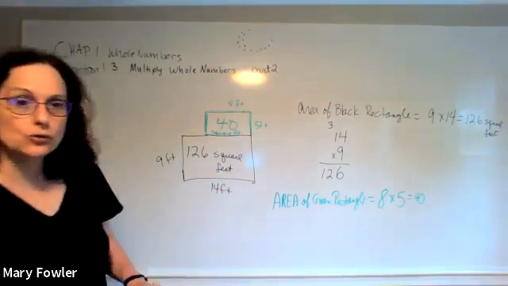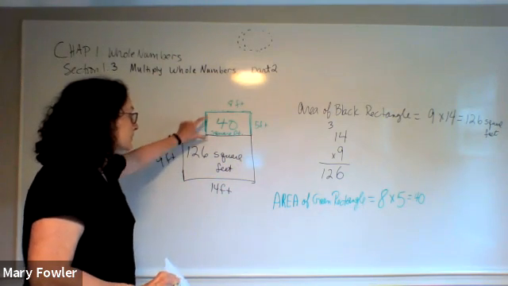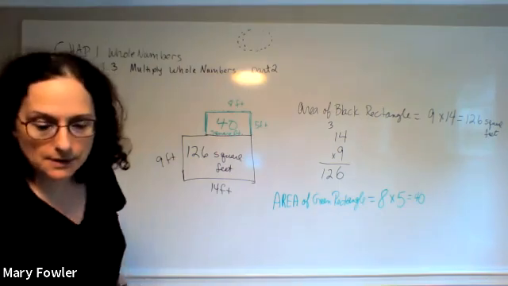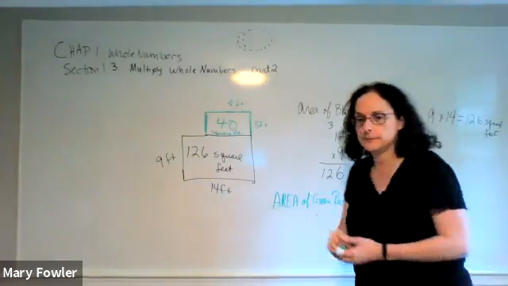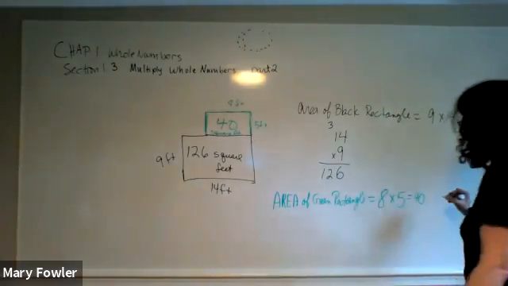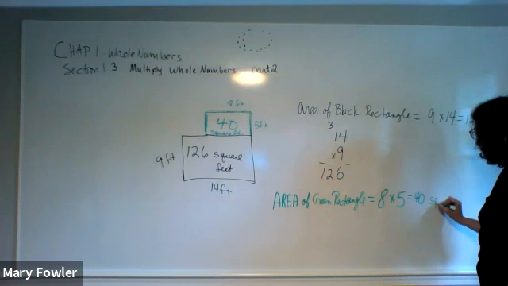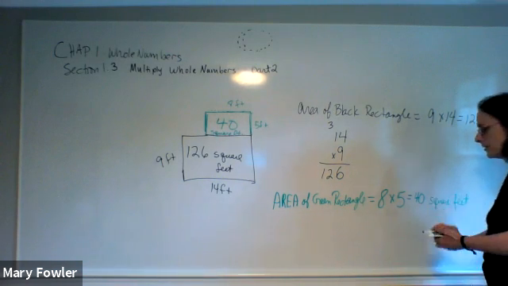So the total area of the office is going to be the black area plus the green area. I'm going to add them up. Let me get a little bit more units here. Okay.